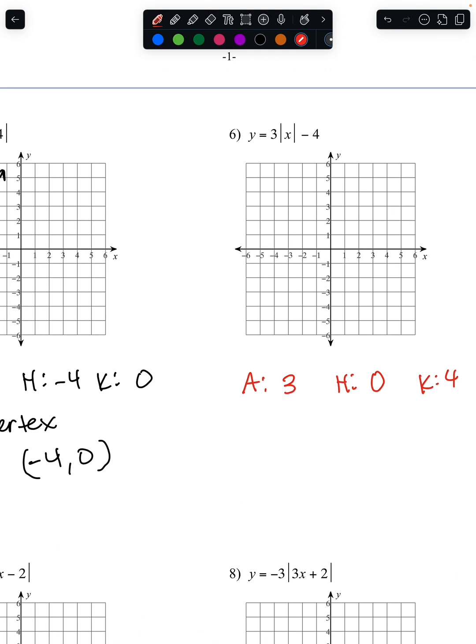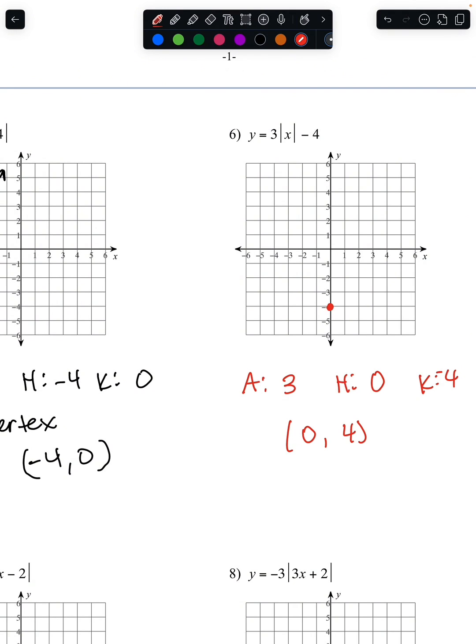So where's that vertex at? 0, 4. Sorry, I lied. -4. JK, LOL again. And because my A is 3, I'm going to go over 1, up how many? You should have said 3.